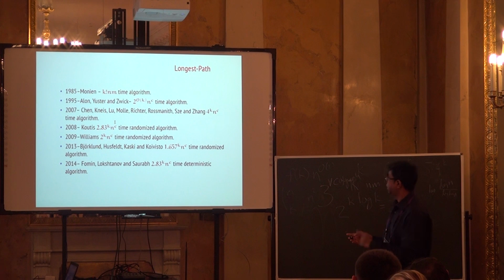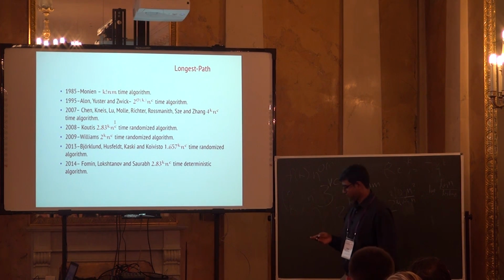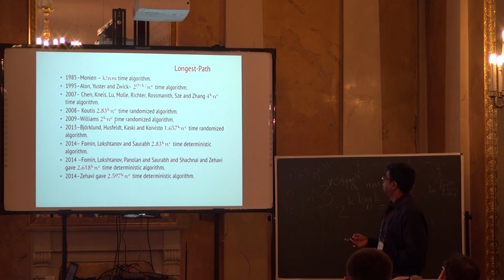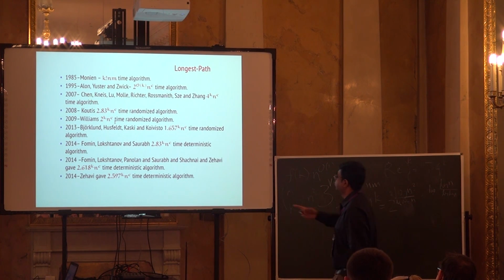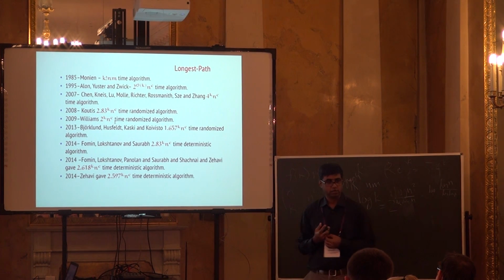But look, this algorithm matches the running time of Koutis. Very soon we saw that our methods, which used fast computation of representative families, which if we have time we will see a little bit, could actually be modified a little bit to give a 2.618 to the power k algorithm.